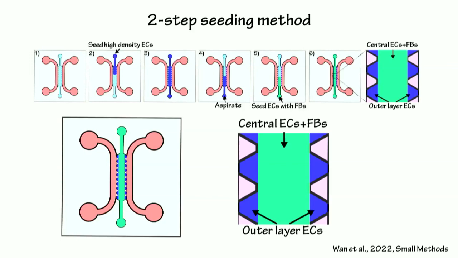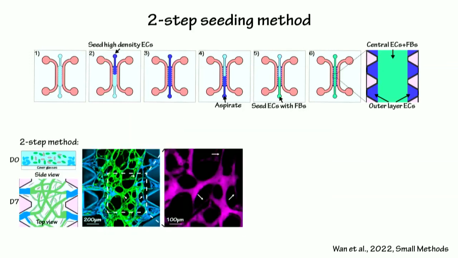Next, I'm going to show you how this two-step network looks. In this particular experiment, I used endothelial cells expressing GFP in the center, but at the outer layer, I used endothelial cells expressing BFP to separate these two regions. As you can see, they form very large openings at the region between the microposts, but in the center, they form very narrow vessels, and even very tiny vessels, as I pointed out here using the arrows, that are also perfusable.